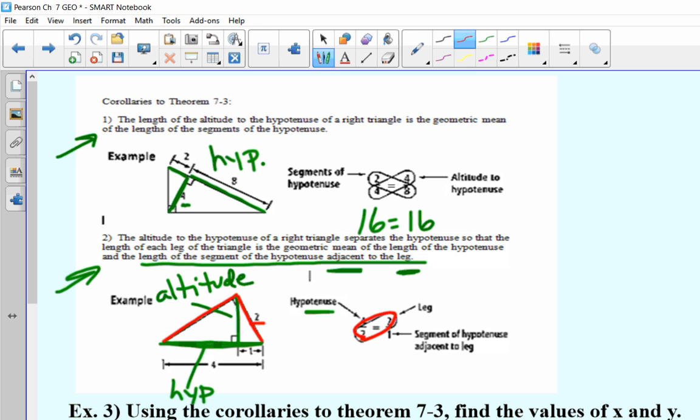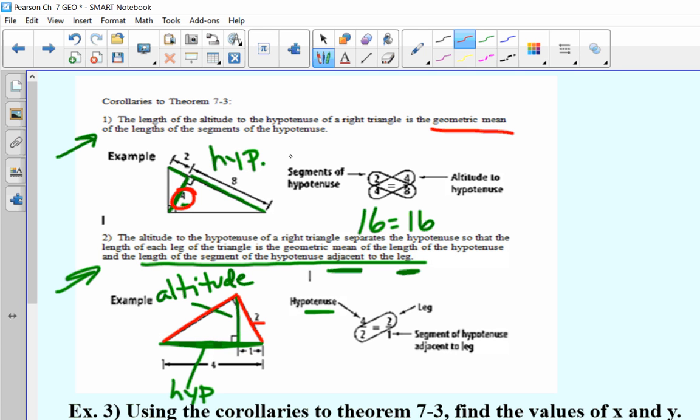So that 2 goes in separate proportion. That 2 goes into both places. So both of these corollaries have specifics about what the geometric mean is. You saw it up here. That was the altitude, the 4.